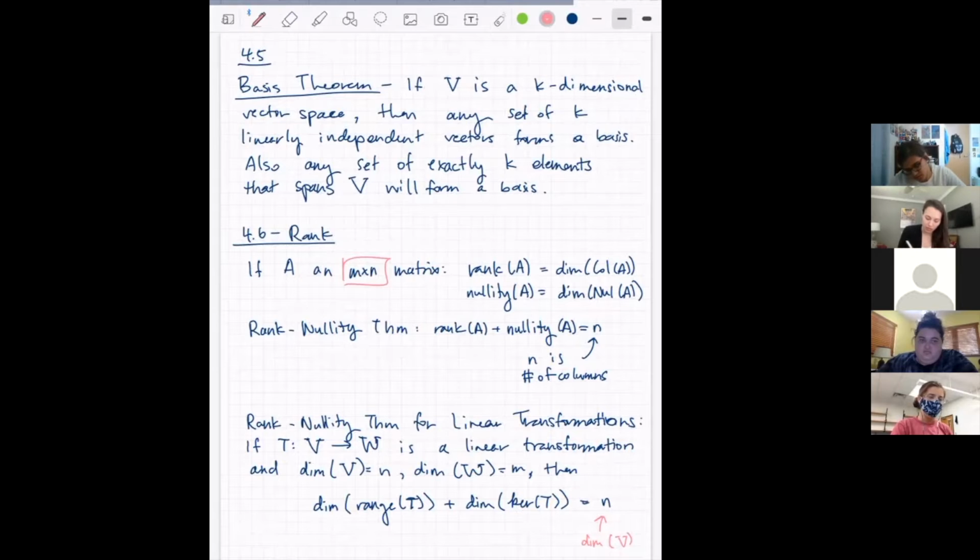This is actually saying the same thing: the first corresponds to the rank, and the second to the nullity of the matrix A that describes your linear transformation.